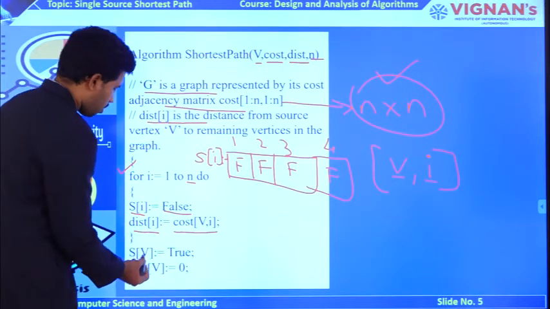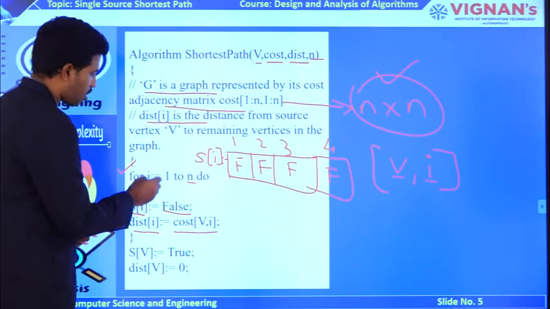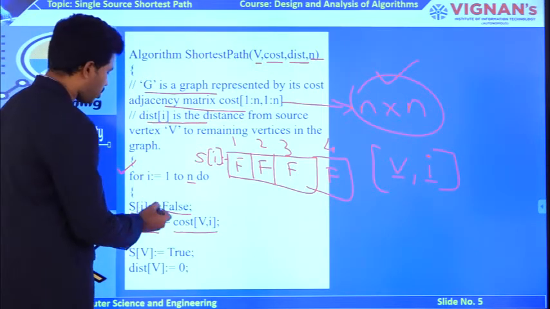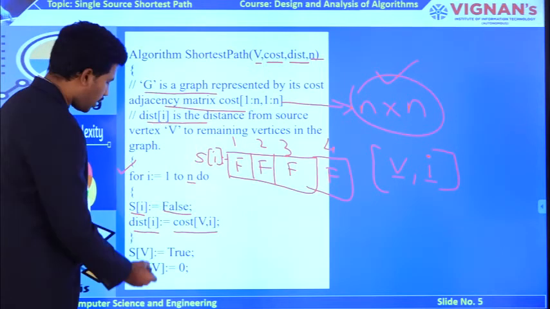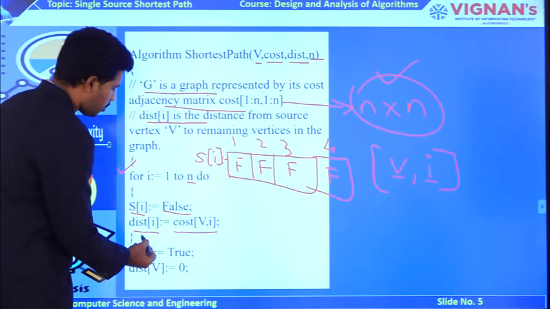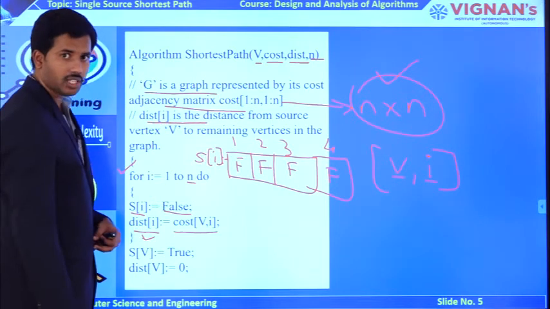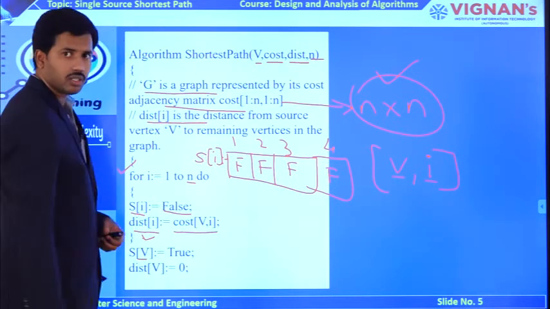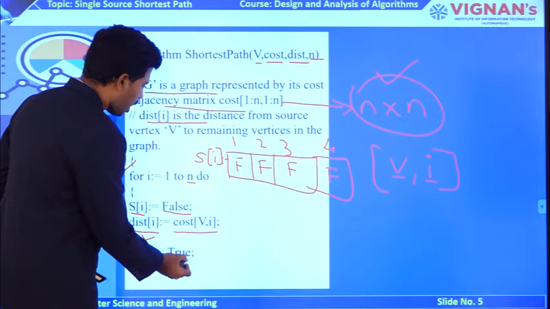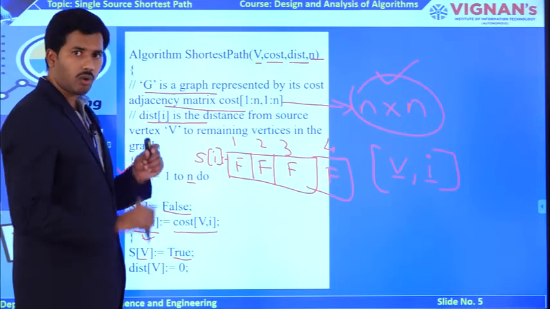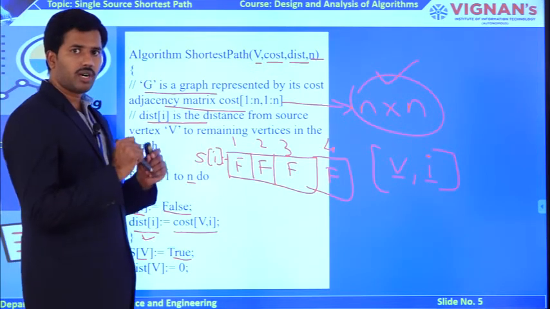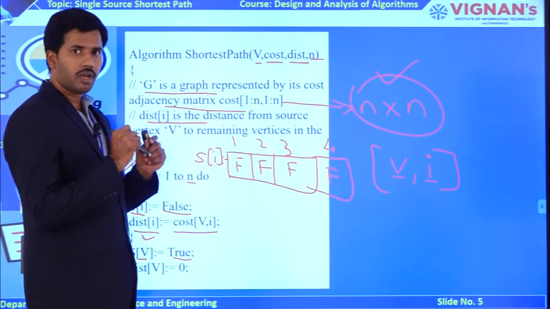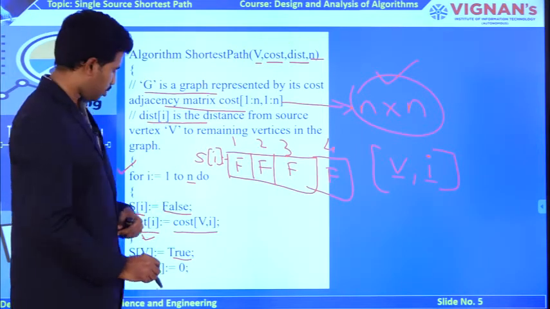Now after the iteration of my for loop, after initializing my solution vector as well as the distance vector, initially I'm changing the source vertex, S of v, to true. What does v contain? The source vertex. That vertex only I am going to assign true. Now I am starting to find the optimal path from v to the remaining n minus 1 vertices.